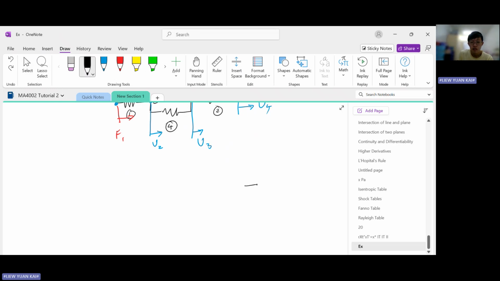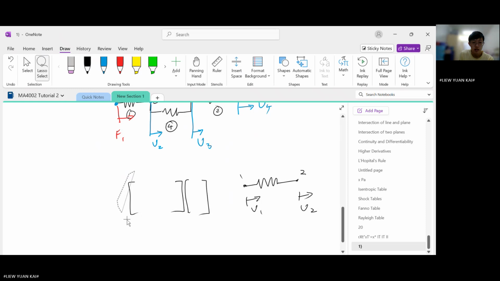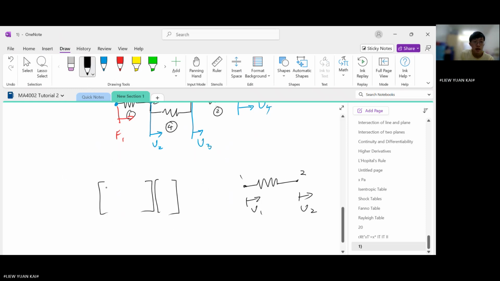In general, if you have a spring who has nodes labeled 1 and 2, it has displacements u1 and u2 respectively. Then for this element, its element equilibrium equation will look like this. Suppose it has a spring constant of K1.